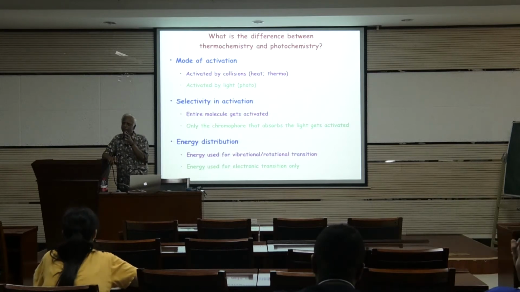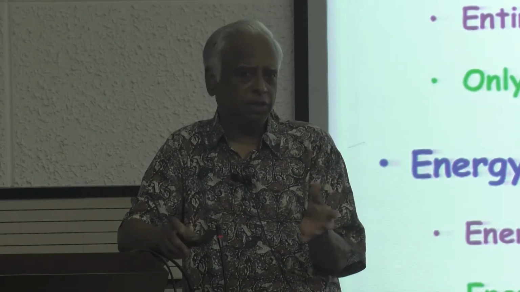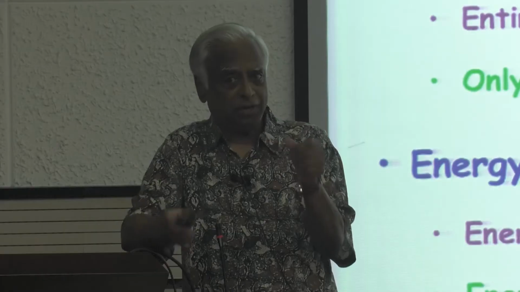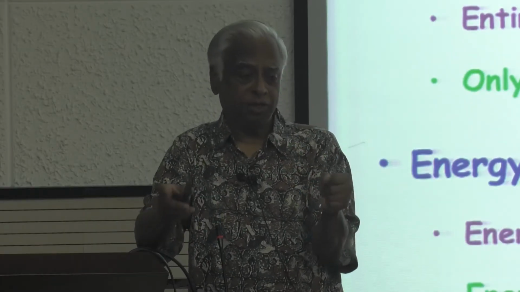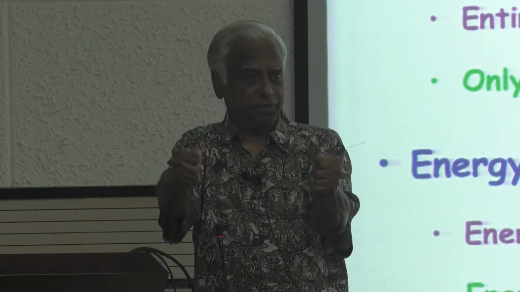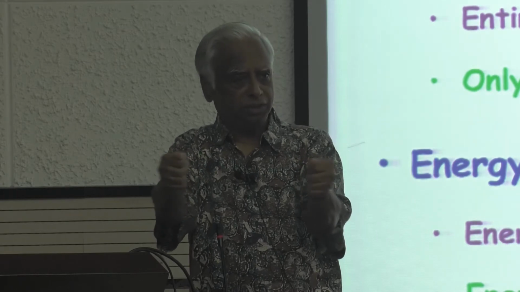Okay. So in one case, heat activates the vibrations. In the other case, it activates the electrons, not the vibrations. The electronic configuration is different from the vibrations. Vibrations are only the nuclei. If there are two atoms connected by a bond, they just vibrate like this.